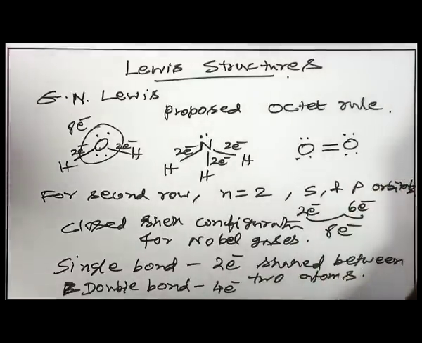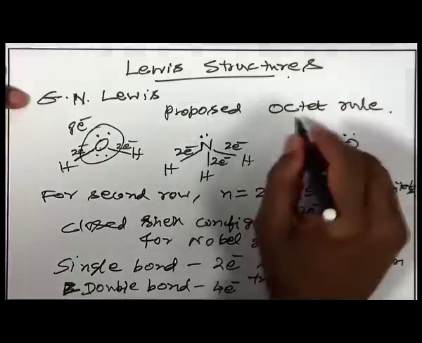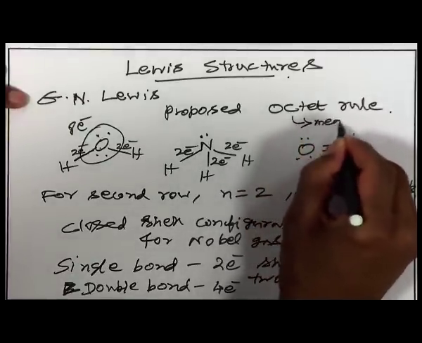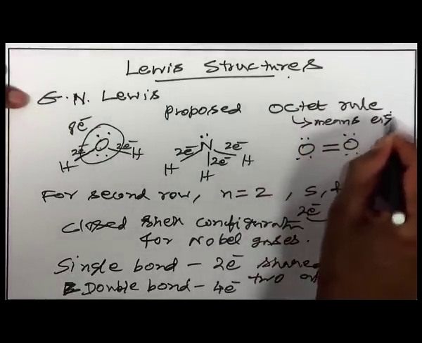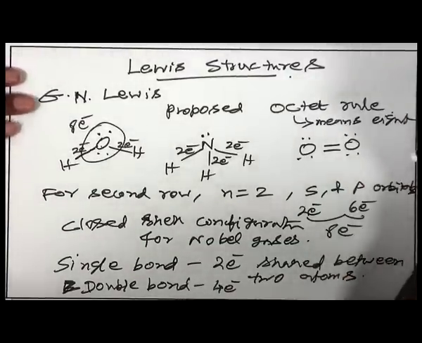So, that is the reason he proposed a rule called the octet rule. Octet means 8. If you have a molecule that is stable, then each atom in it should have 8 electrons. According to this octet rule, each atom in a molecule should share 8 electrons with its neighboring atoms.